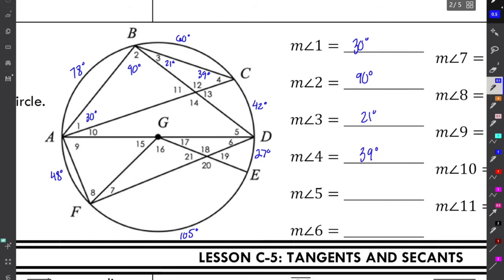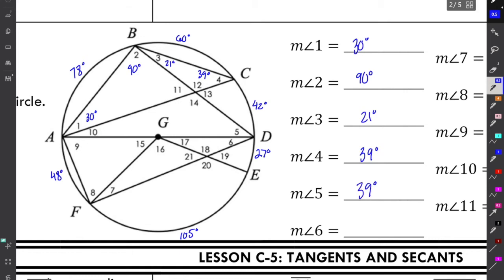Angle 5 right here, it's going to intercept AB as well. So it is going to be the same as angle 4, which is 39. So they're both 39 degrees.